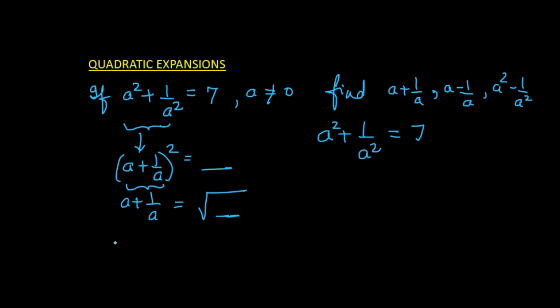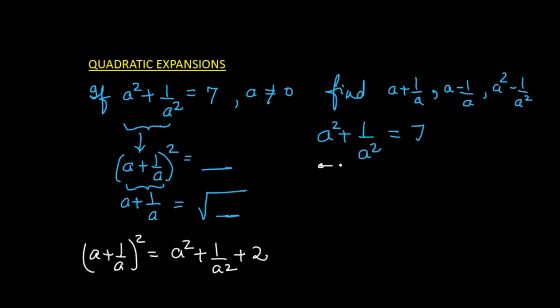Now what is a plus 1 by a whole square? We have learned that a plus 1 by a whole square, either you can apply the formula of a plus b whole square or you can write it directly, is a square plus 1 by a square plus 2. Because in the 2ab term a and 1 by a will get cancelled, correct?